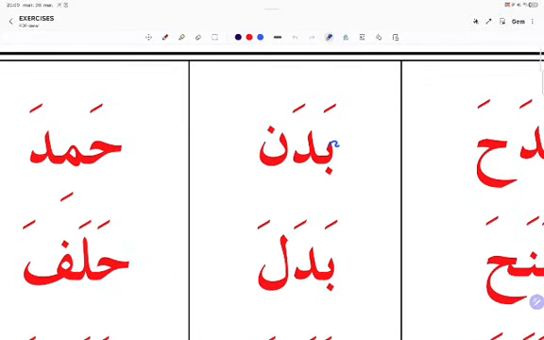The next word. This one has 1 dot under it. Okay, so try to figure out which letters we know which have 1 dot under them. We have ba, we have jim, let's say ba and jim. This is what I can remember.